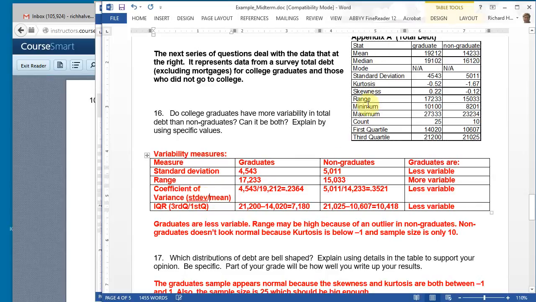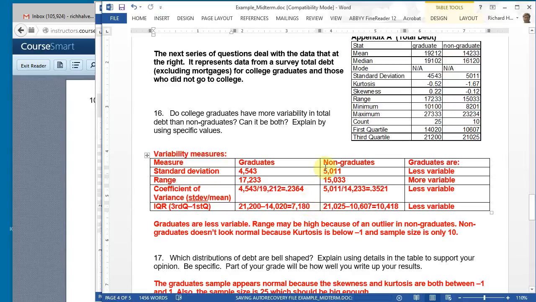We don't see that number here. And the interquartile range is not given directly, but what is given is the third quartile and the first quartile, so we can just subtract the first quartile from the third quartile.